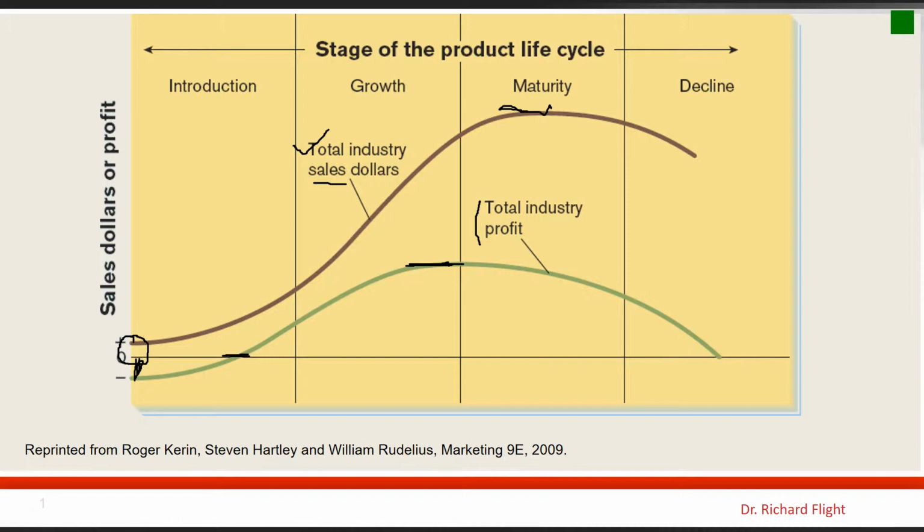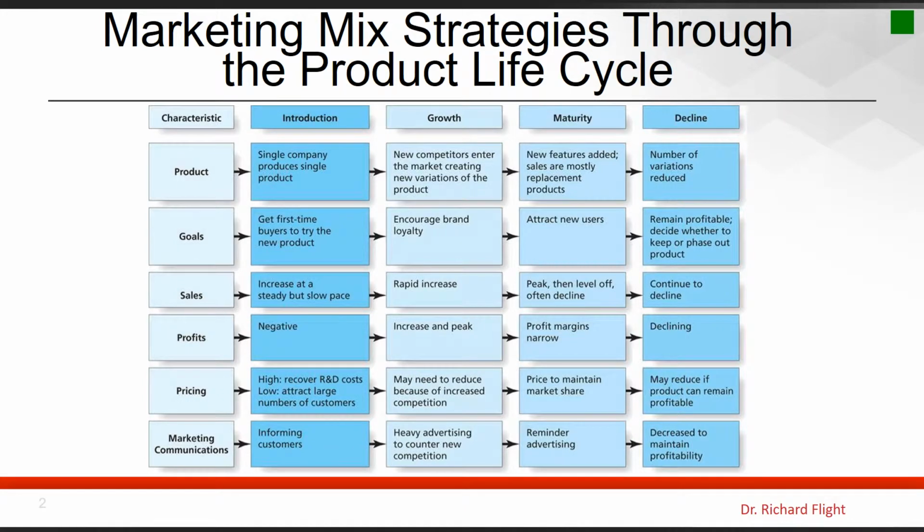So we're going to spend a little bit of time just walking through each of these little steps, and then we'll also talk about the different types of consumers who buy during these periods as well. So to look at each stage individually, we're going to walk through this specific chart and we're going to look at some characteristics that are associated with the introduction, the growth, maturity, and then finally the decline stage.